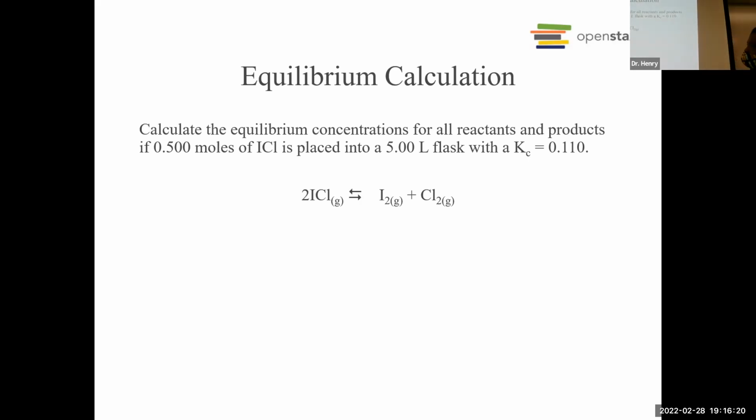Ice table? Okay. So I, C, E. Okay. So we have 0.100 for my molarity.